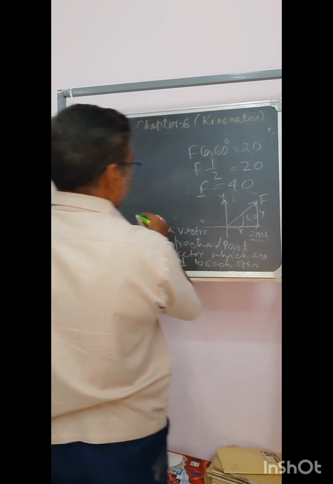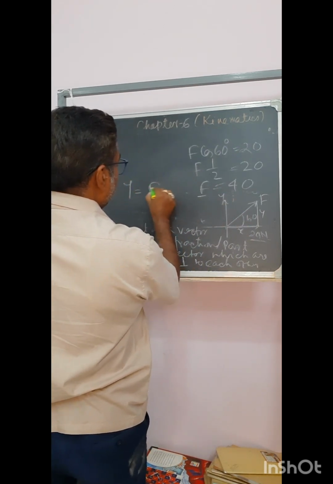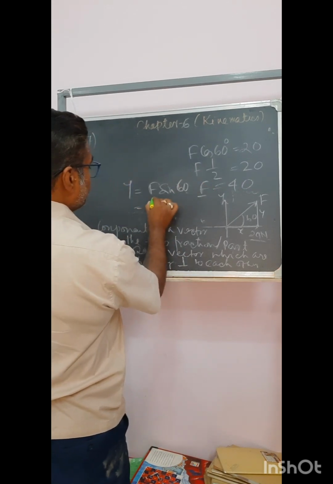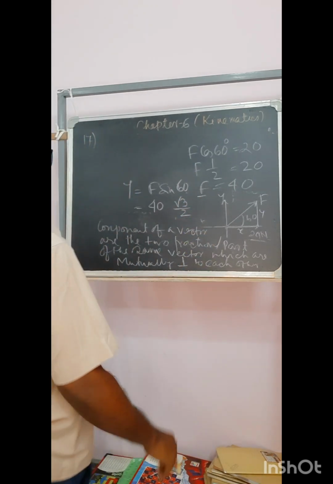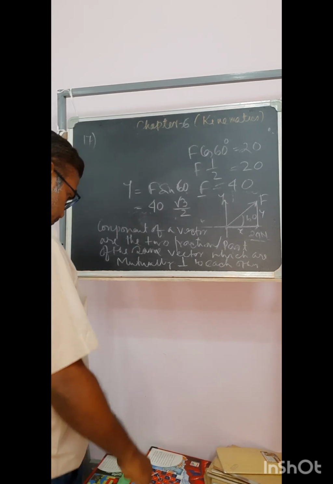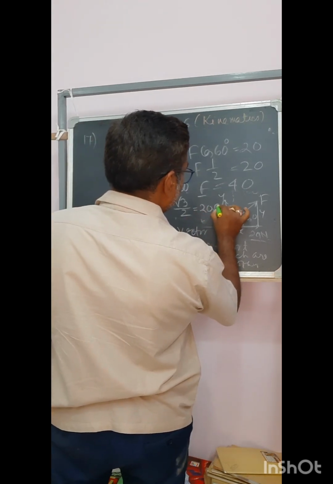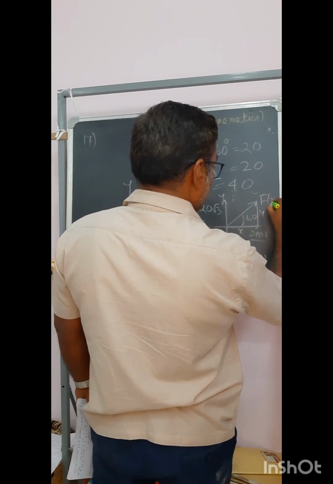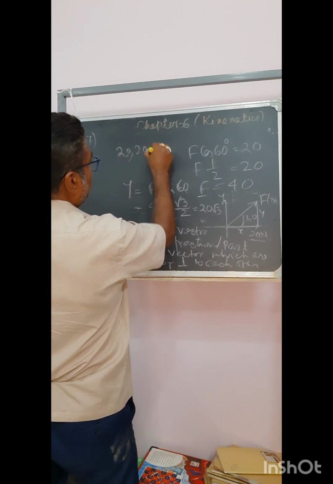Now y is the other component, that means F sin 60. So F is 40, sin 60 you know is root 3 by 2, that means 20 root 3. So the coordinate of F, if it is x and y, x I have got 20 and y will be 20 root 3.